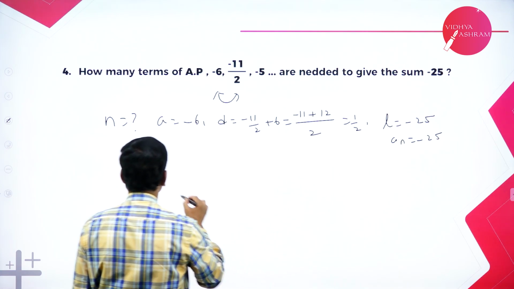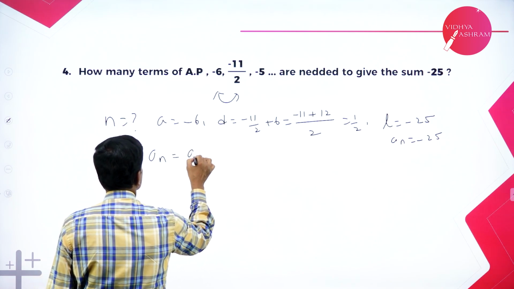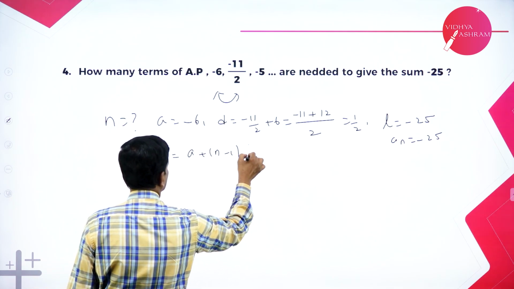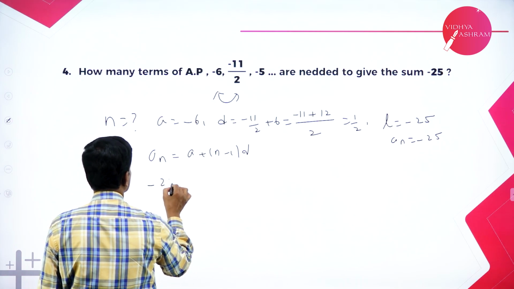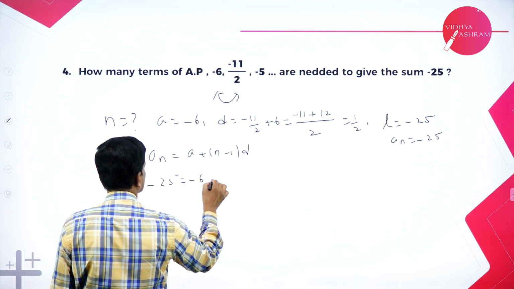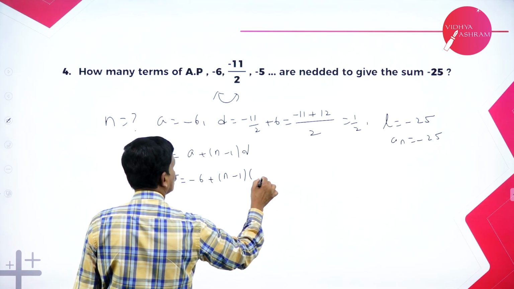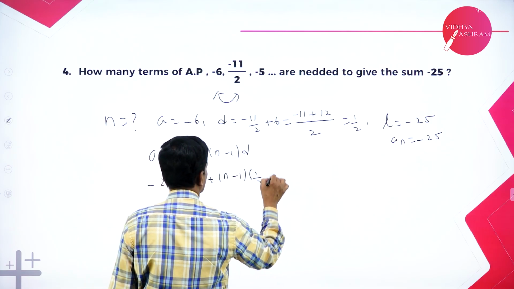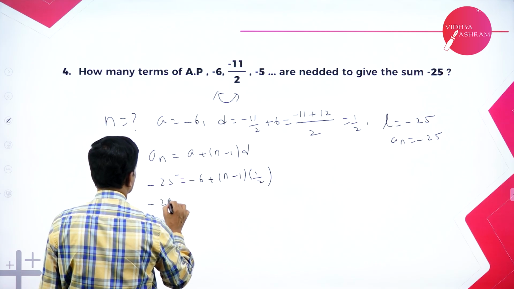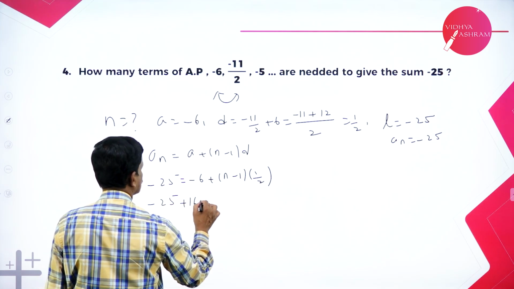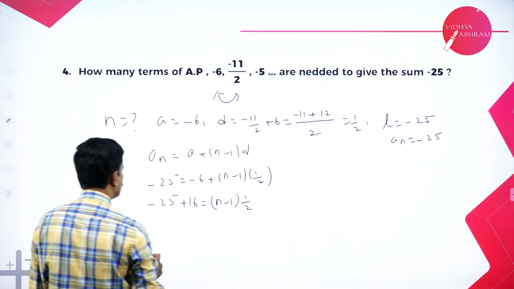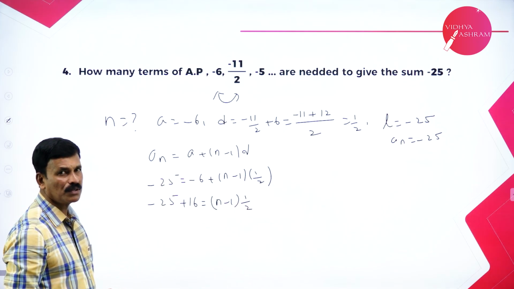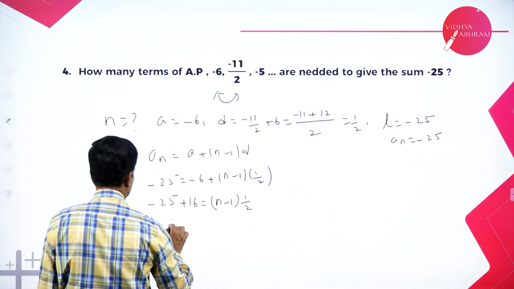Now an is equal to a plus (n minus 1) into d. So -25 is equal to a, which is -6, plus (n minus 1) into d. d is 1/2. -25, minus 6 becomes plus 6, is equal to (n minus 1) into 1/2. So -25 plus 6, that's equal to -19.